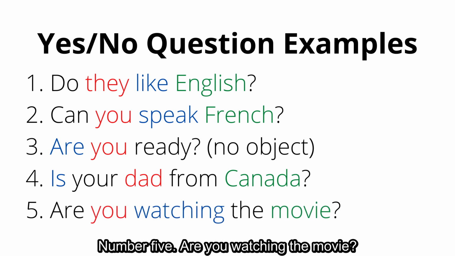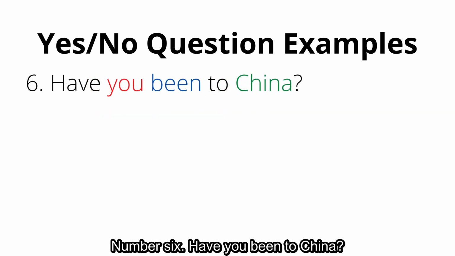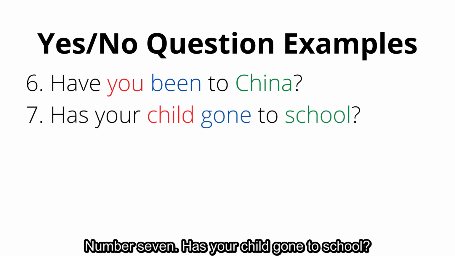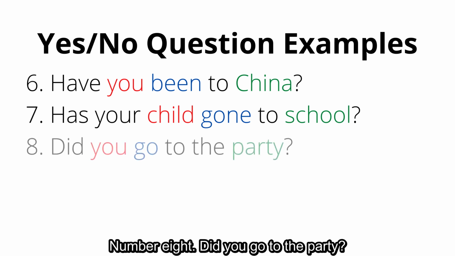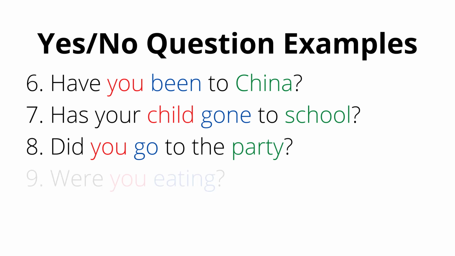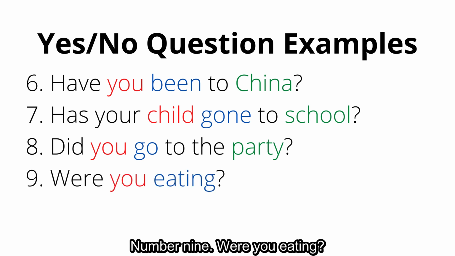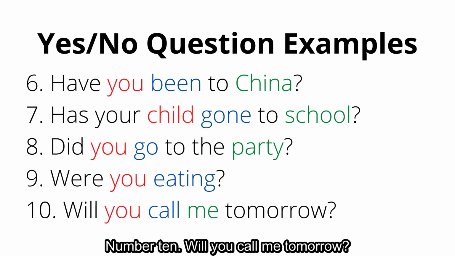Number 5, are you watching the movie? Number 6, have you been to China? Number 7, has your child gone to school? Number 8, did you go to the party? Number 9, were you eating? Number 10, will you call me tomorrow?